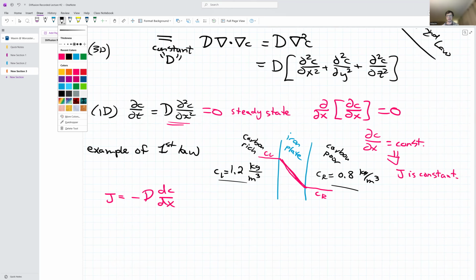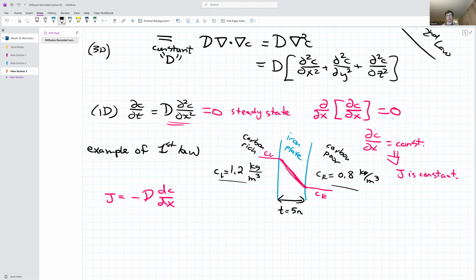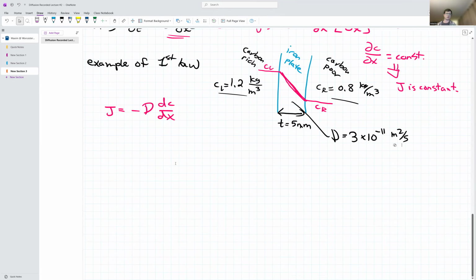Let's say the thickness is 5 millimeters. And we need something else. We need the diffusion coefficient of carbon inside the iron. So the diffusion coefficient of carbon inside the iron is 3 times 10 to the minus 11 meters squared per second. And so we have everything we need to compute the flux. Let's just see what it is.